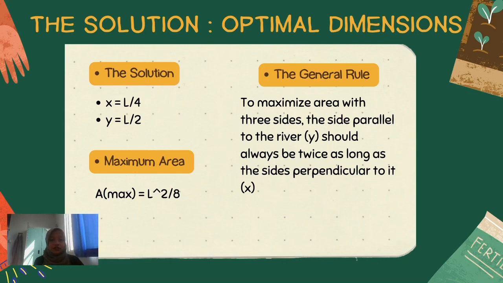And by using these dimensions, we can also find the maximum possible area. The maximum area is given by L squared over 8. So in general, to maximize the area when only 3 sides are fenced, the side parallel to the river should always be twice as long as the other 2 sides. And this gives us a simple rule that can be applied to similar real-world problems.